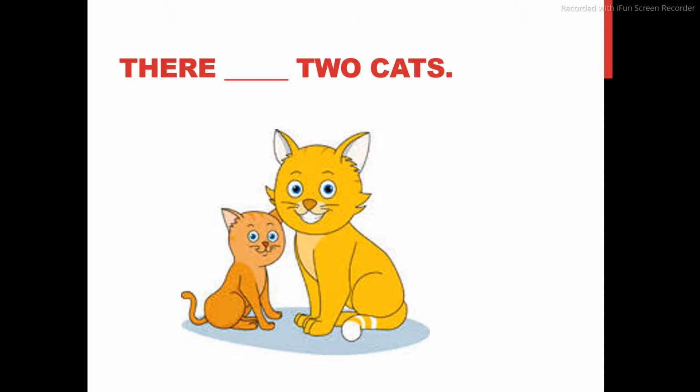There are 2 cats. There is one orange cat and there is one yellow cat. But together, how many cats are there in total? There are 2 cats.